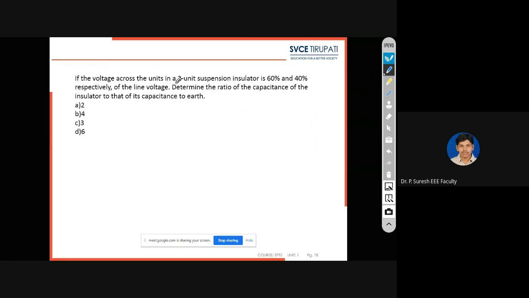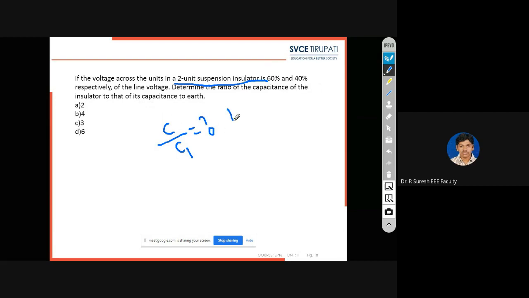It is a 2-unit suspension insulator, so the voltage across each disc is 60% and 40% of the line voltage. Capacitance of the insulator, let us assume, is C. Capacitance to earth is C1. I need to calculate the ratio C by C1.